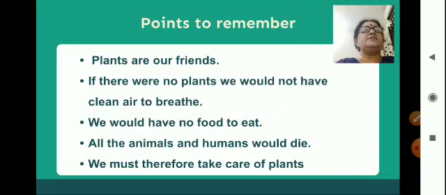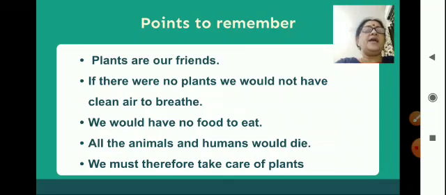Now let us remember these points. Plants are our friends. If there were no plants, we would not have clean air to breathe. We would have no food to eat.